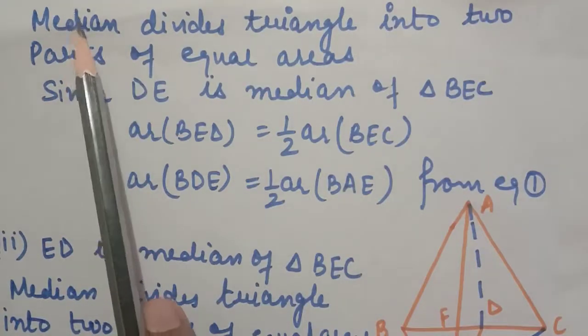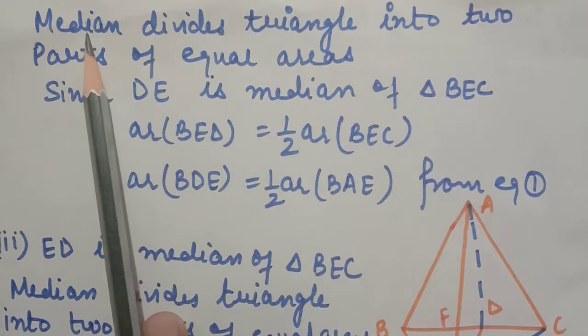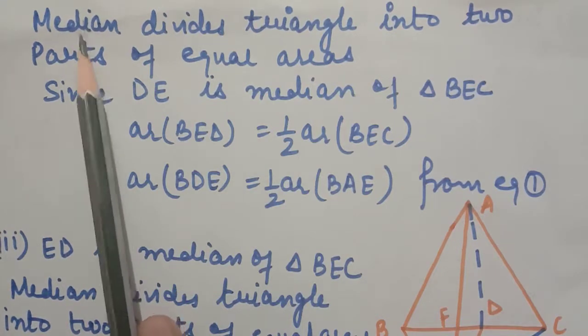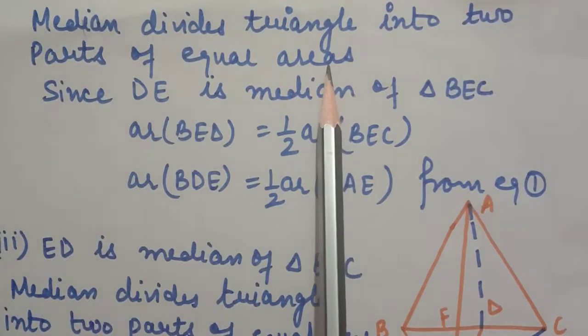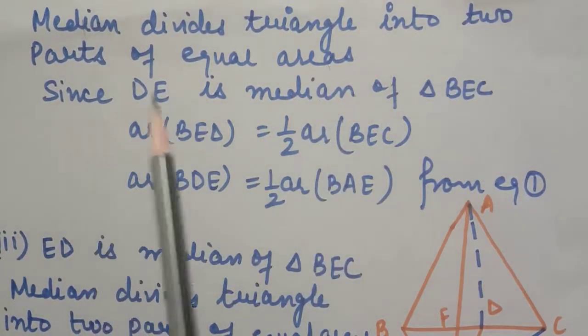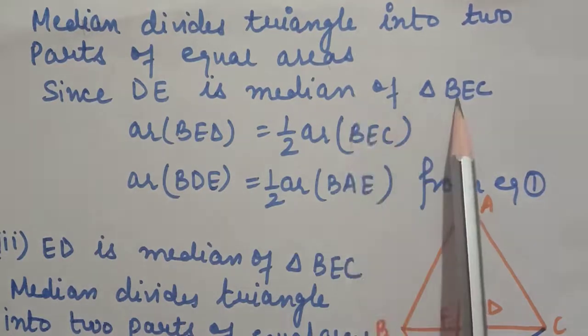So students, we know one more condition: a median divides the triangle into two parts of equal area. We know DE is the median of triangle BEC.